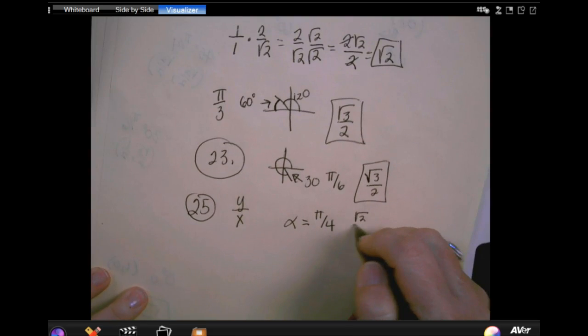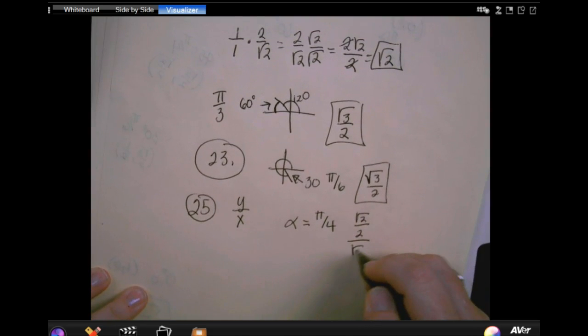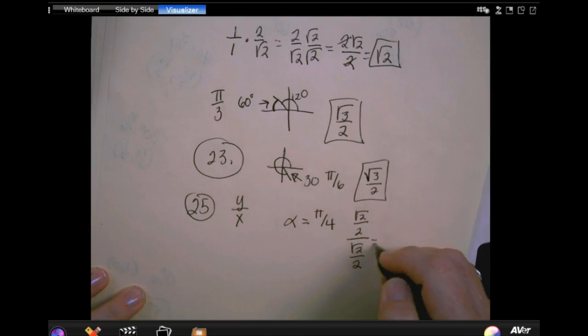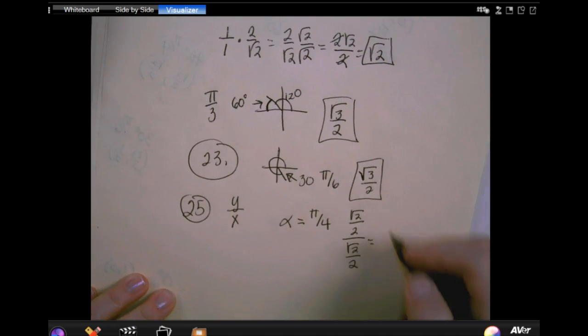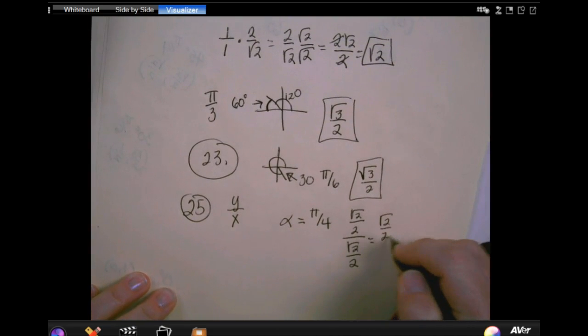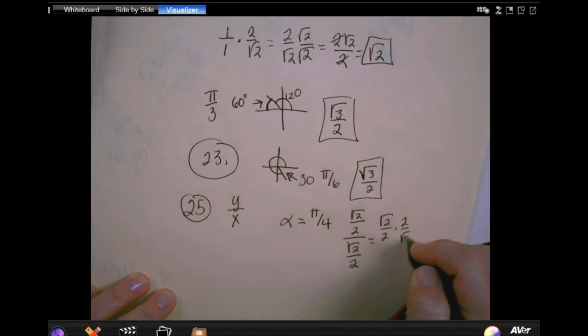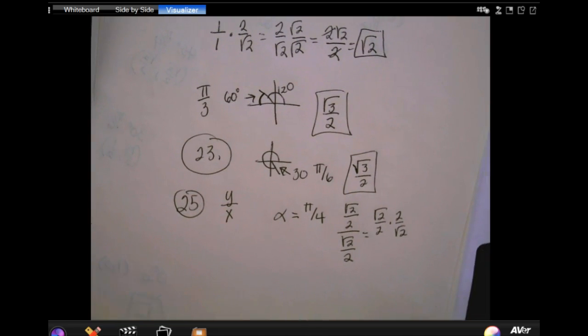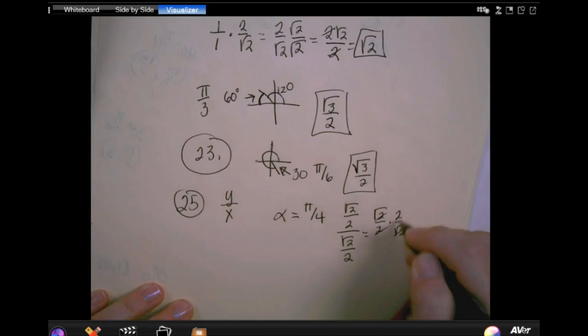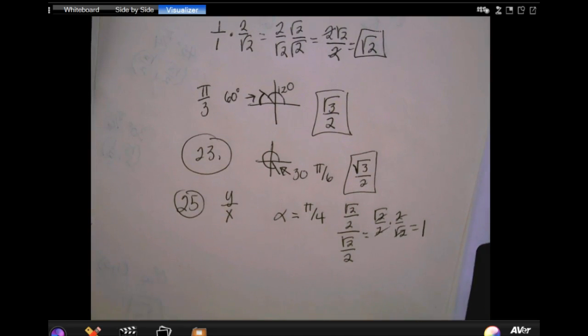So square root of 2 over 2 divided by the square root of 2 over 2. And as Jada so eloquently asked, what happens when everything cancels out? What do you get? 1. So I've got a value.